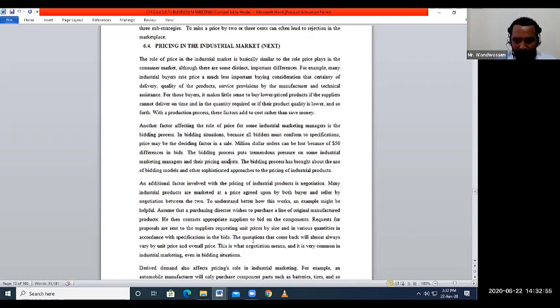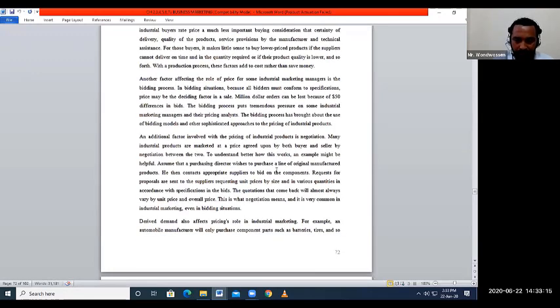So we have to consider the derived demand effect of industrial products. If you want to purchase an automobile, we have to consider the demand for batteries, the demand for tires, and other accessories.